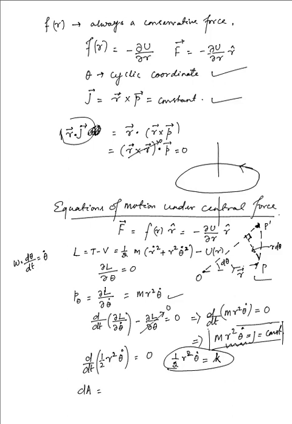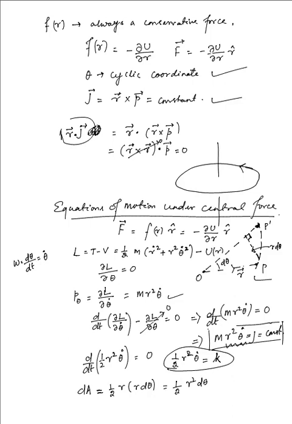We are just concerned with that triangular area, and the value of that area is half of the base, being equal to r in that case, multiplied with the altitude. Altitude, as you can see, is that arc length that we had just discussed, that is r times d theta, and this is simply equal to half of r square d theta.